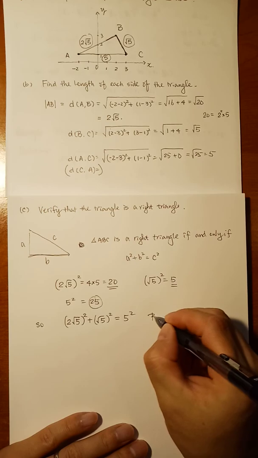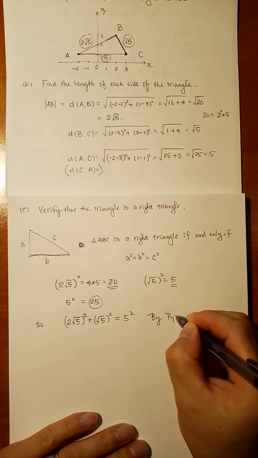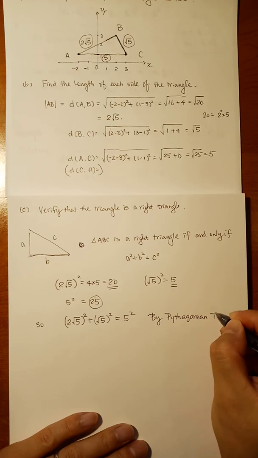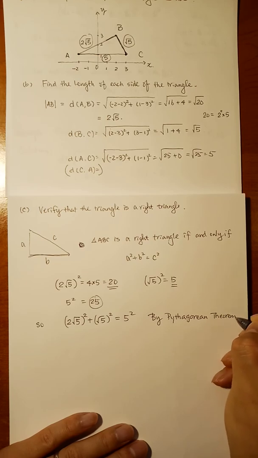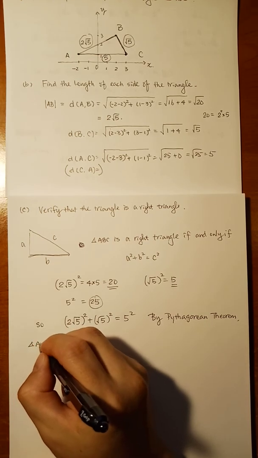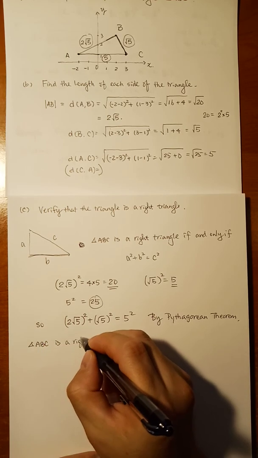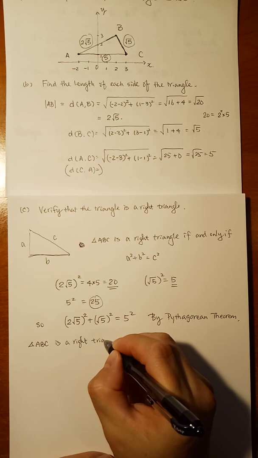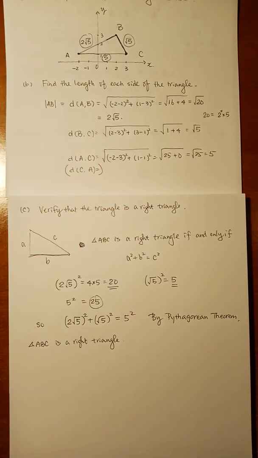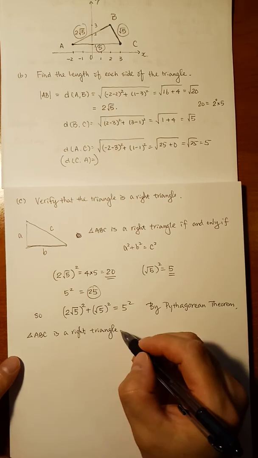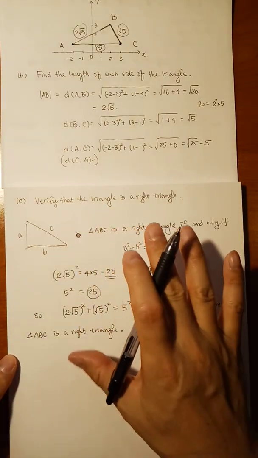So by the Pythagorean theorem, triangle ABC is a right triangle. Okay, so whenever you have that, you have a right triangle. For example, well, this problem is not done.